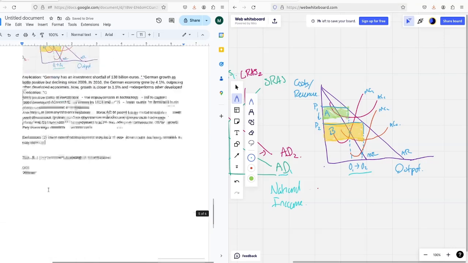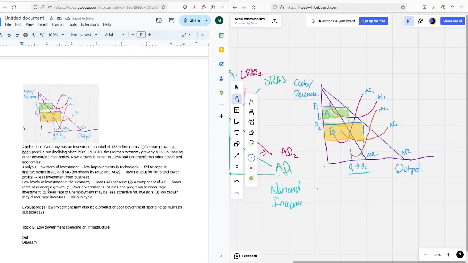I could talk about how, while there is an investment shortfall, this maybe has more to do with other factors like the health of import markets in the EU, right? Remember, Germany is a big exporter to other economies in the EU, so poor growth of consumption in Spain and Portugal.